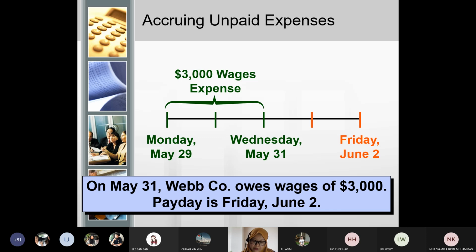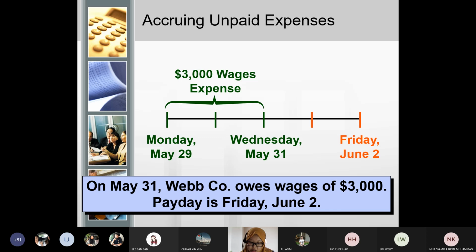At the end of the month, let's say 31st May, the company hasn't paid 3,000 yet. The payday is every Friday, so the payment is only made on Friday, which will be in June already, June 2nd.